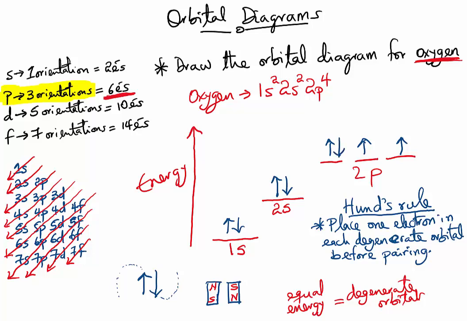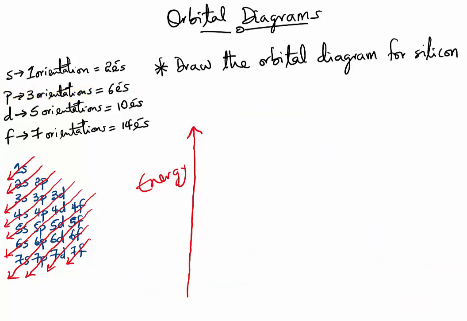In the case of oxygen, we have only 4 electrons to be distributed among the 3 degenerate p orbitals. So this is the orbital diagram for oxygen. Let us practice with another one. Let us draw the orbital diagram for silicon.